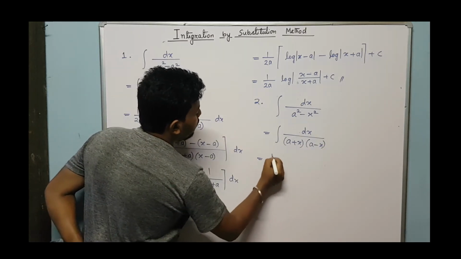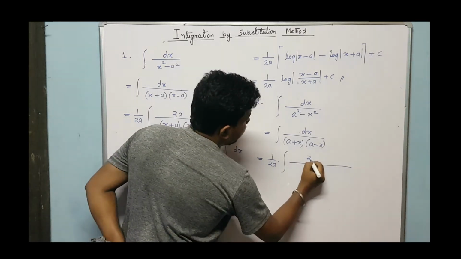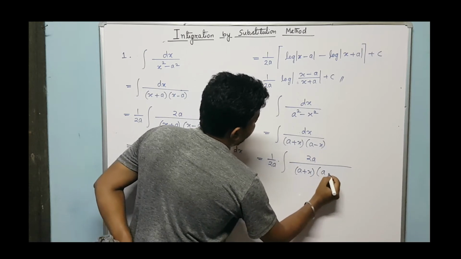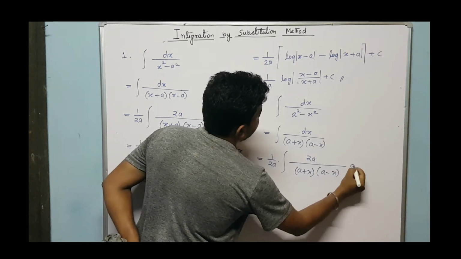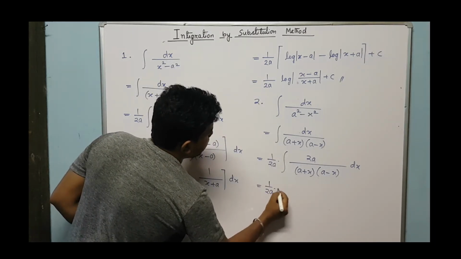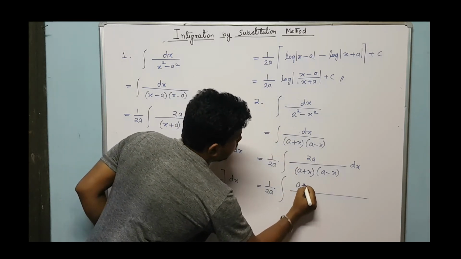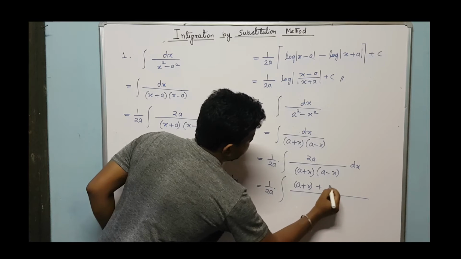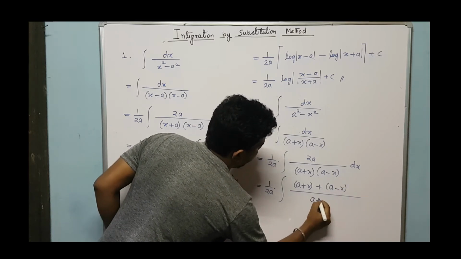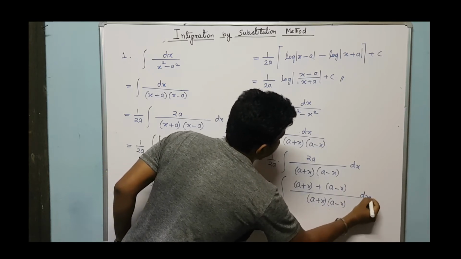Now if I multiply by the constant 1 by twice a, I will get twice a by a plus x, a minus x dx. I can express twice a as a plus x plus a minus x, by a plus x into a minus x dx.